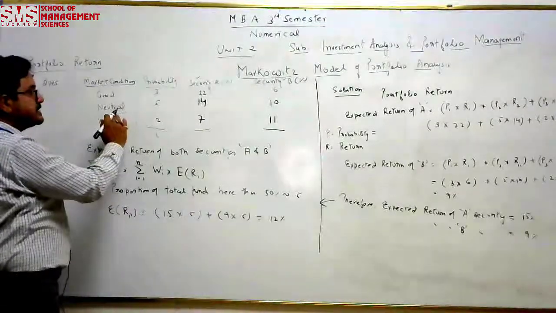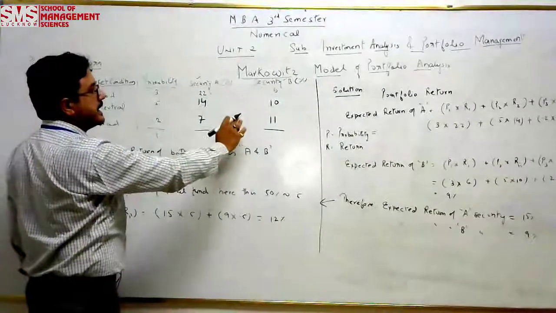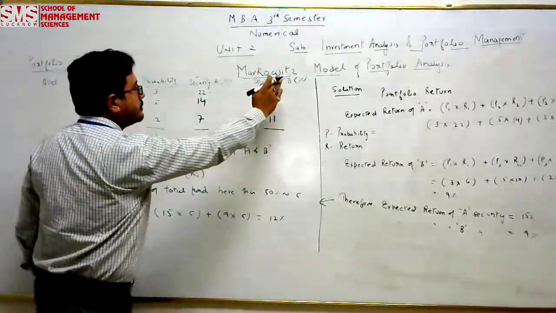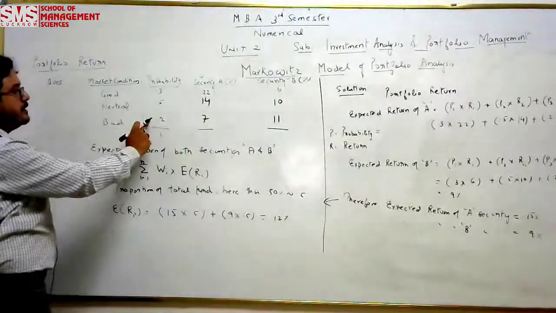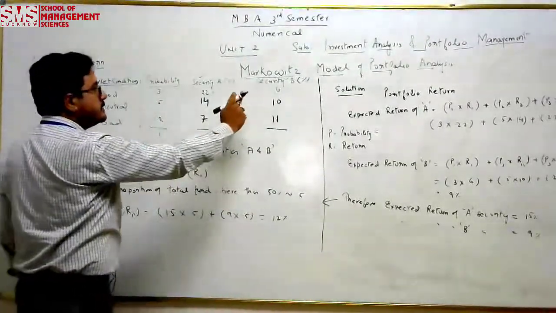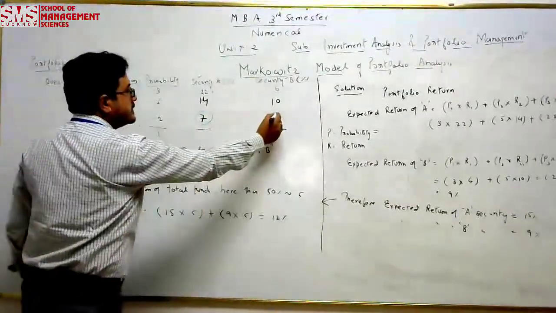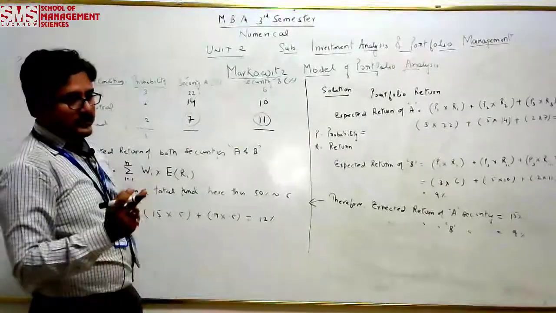Similarly, if the market is neutral, then the probability is 0.5, with 14% for security A and 10% for security B. And if the market is very bad, then the probability is 0.2, with 7 for security A and 11 for B.